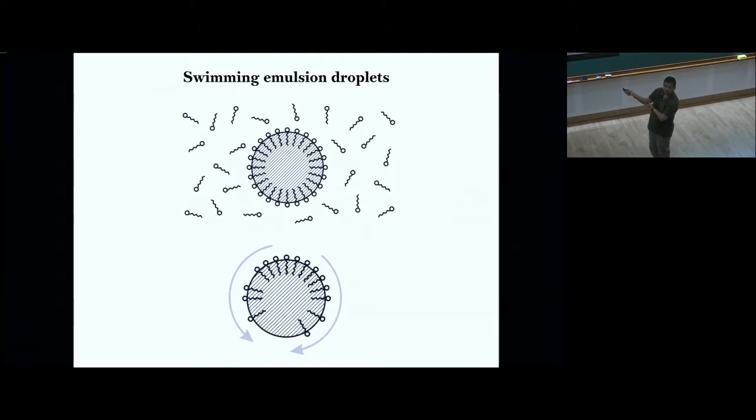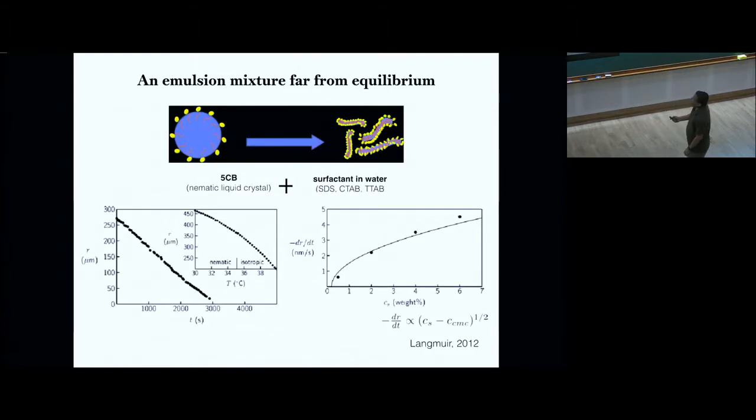Under certain circumstances, which I'm going to tell you about, this distribution of surfactant may become uneven around the droplet, and as a result create a gradient of interfacial tension around the droplet and create spontaneous flows that then make this droplet move. Right? So what is the mechanism in this system?